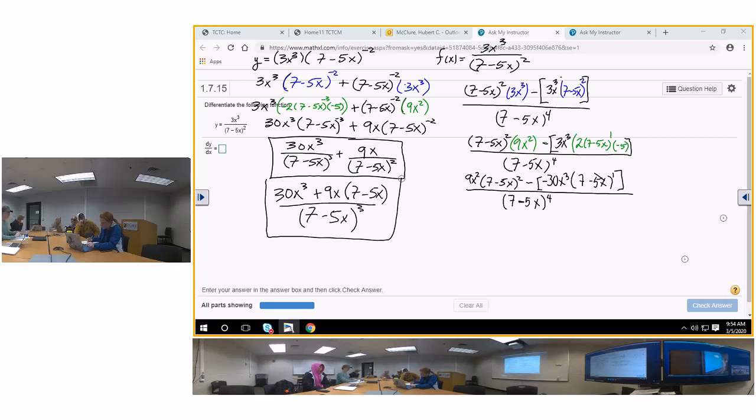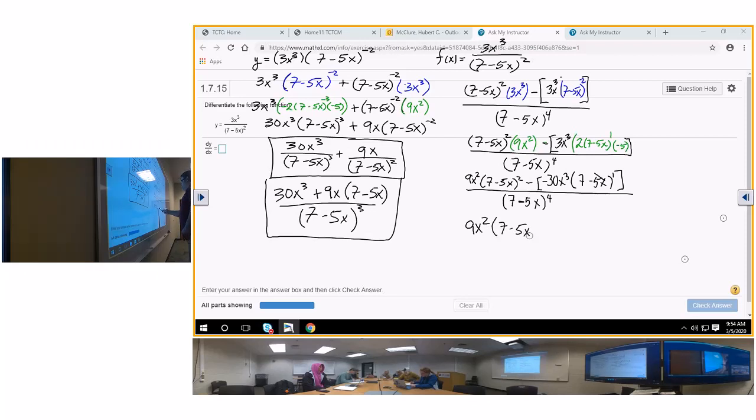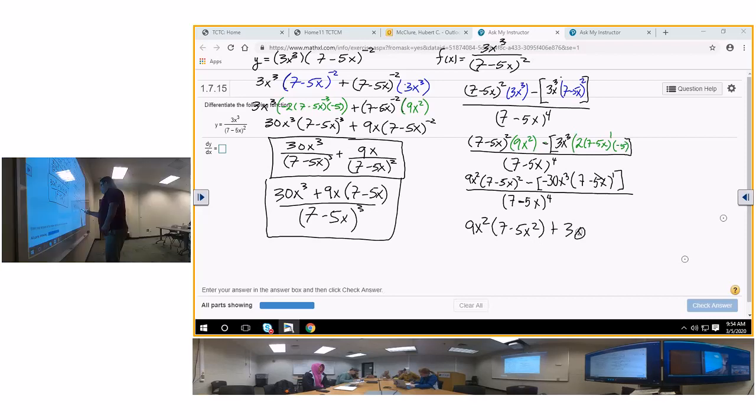So 9x squared times (7 minus 5x) squared plus 30x to the third times (7 minus 5x). Y'all starting to see it? Yep. So (7 minus 5x) to the 4th.